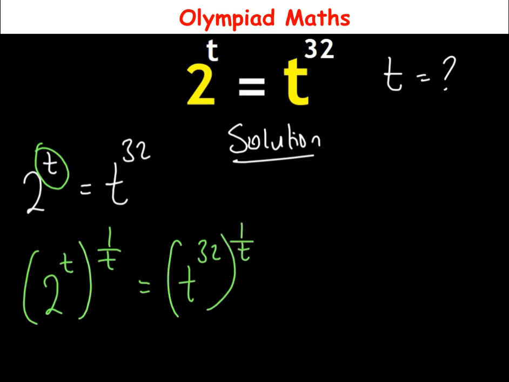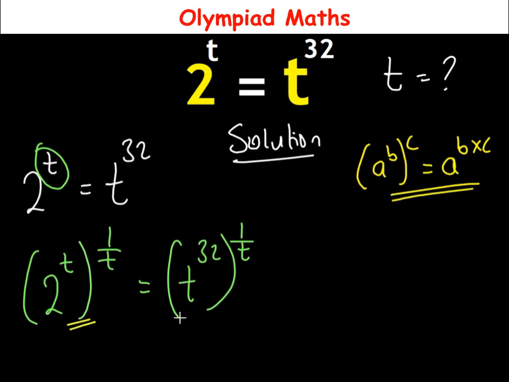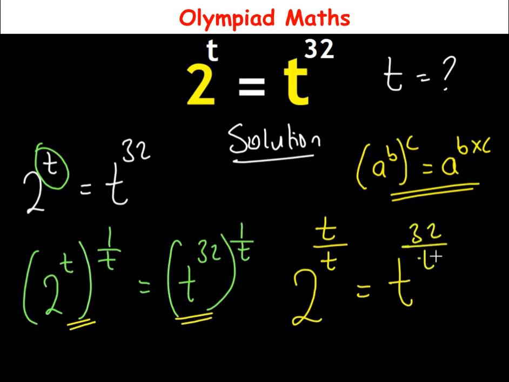And with this, applying the rule that if you have a raised to power b, all raised to power c, this equals a raised to power b times c. Applying this rule right here and here also, we have it to be equal to 2 raised to power t multiplied by power 1 over t. t times 1 is t all over t is equal to, we have t, now power 32 multiplied by 1 over t. 1 times 32 is equal to 32 all over t.